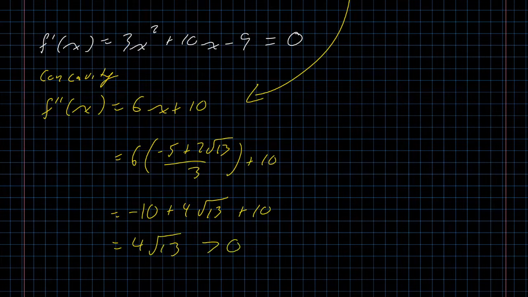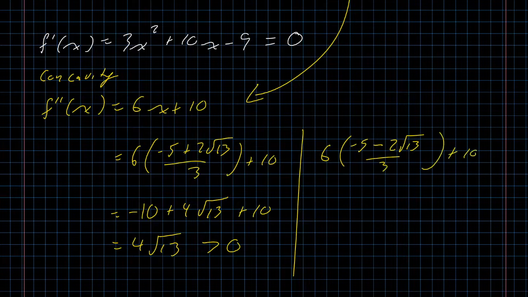And the only thing that really matters is that that is positive. And then we plug in 6 times negative 5 minus 2 square root of 13 all over 3. We get negative 4 root 13, which again, the only thing that matters there is that it is negative.